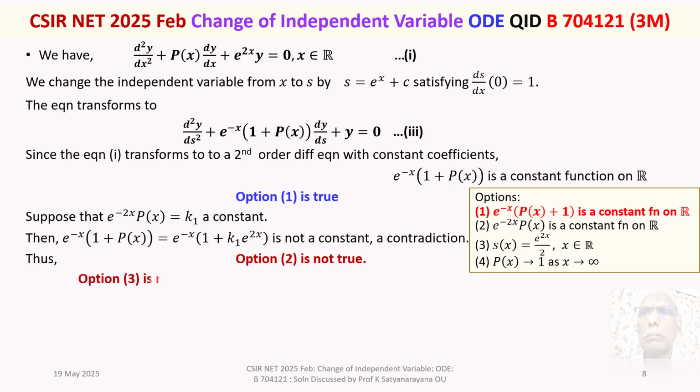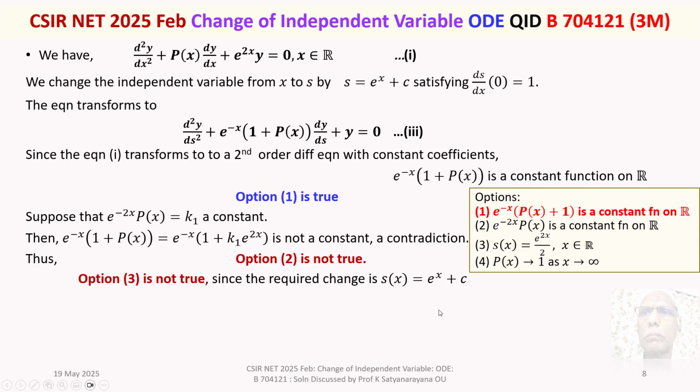And option 3 is obviously not true. Why? Because the change of independent variable by means of the substitution s = s(x) is e^x plus c. It can't be e^(2x) by 2.